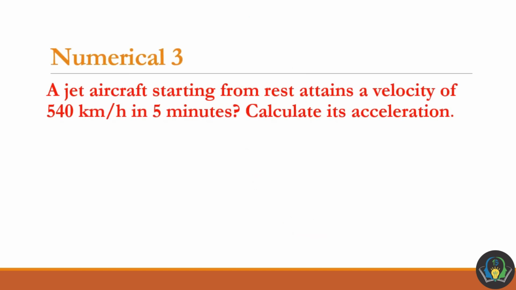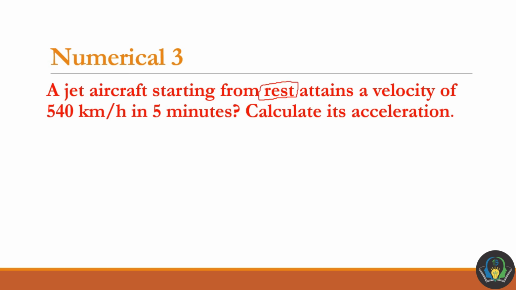Next numerical. A jet aircraft starting from rest attains, means it reaches, a velocity of 540 km per hour in 5 minutes. Calculate its acceleration. Now the jet aircraft is beginning its journey from rest, which is very important for us to understand.